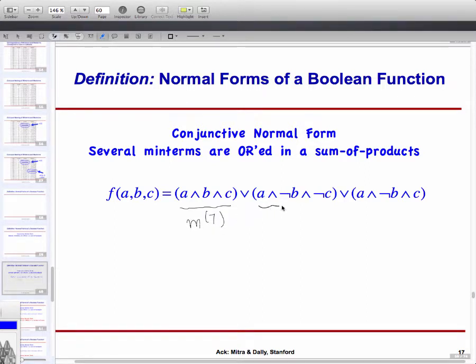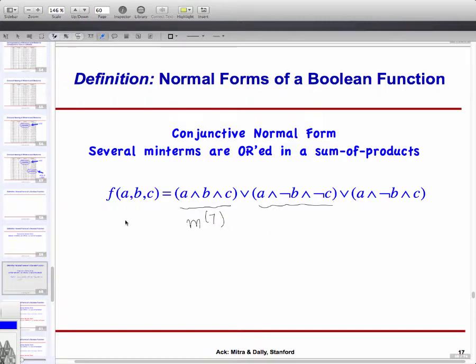What about this guy? So it depends upon how you write A, B, C. If you write it as A first, then B, then C, then it's m of 4. Usually in our tables, we are writing it as C, B, A, in which case it's 0, 0, 1.